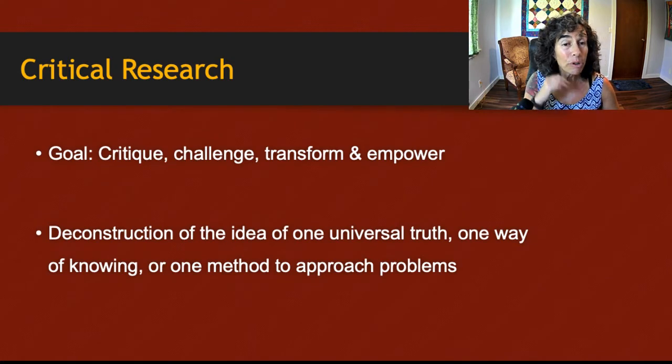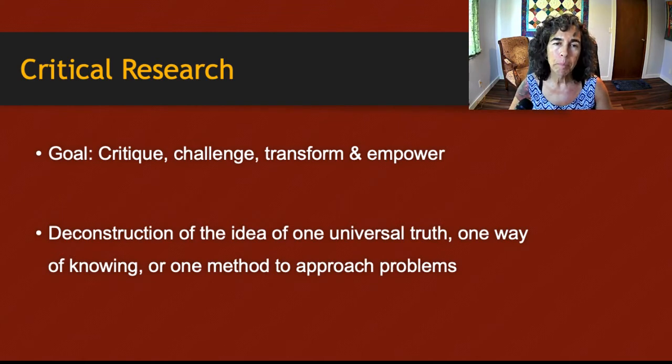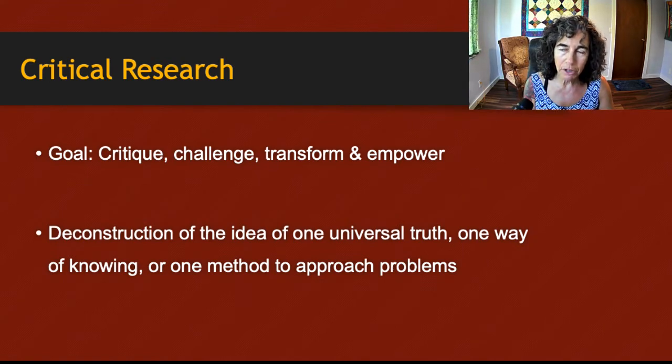All right, so critical research. We've heard that term before, and we know that participatory action research is a type of critical research. But this is a little bit more pure, right? So the goal is to critique, challenge, transform, and empower. And so this word critical is actually really apt because we're not accepting what is.